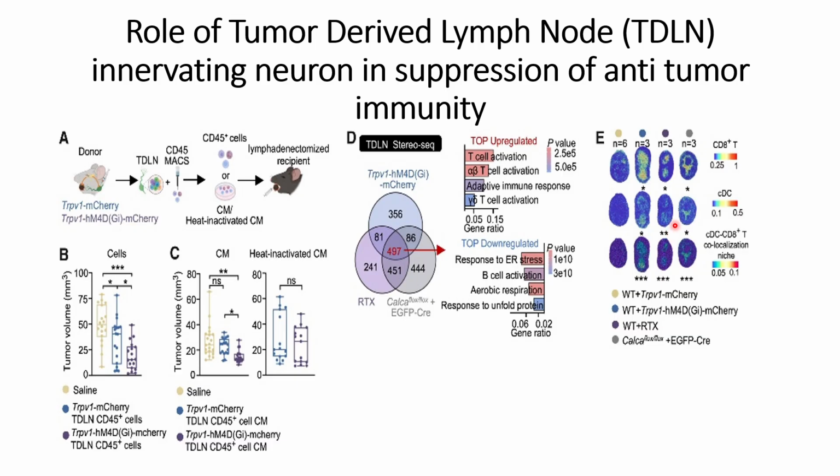Compared to the control, in the two chemogenetic conditions and the one where CGRP was knocked down, with the CGRP protein suppressed using Calca knockdown, they see enhanced CD8 plus T cells and enhanced dendritic cells. The dendritic cells and CD8 plus T cells are also found to be localized together in most cases.